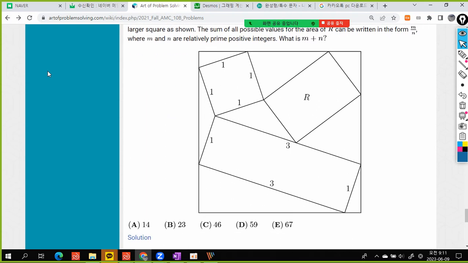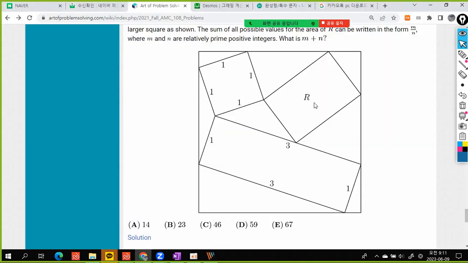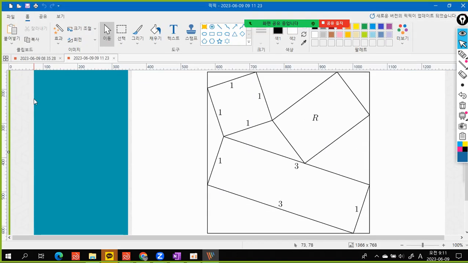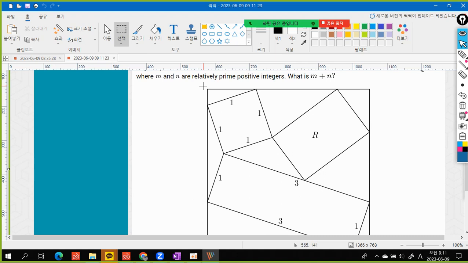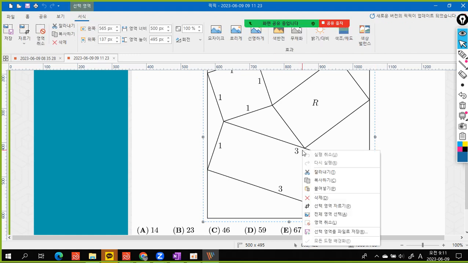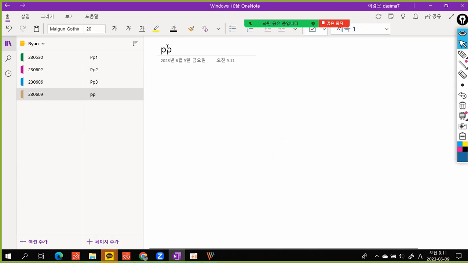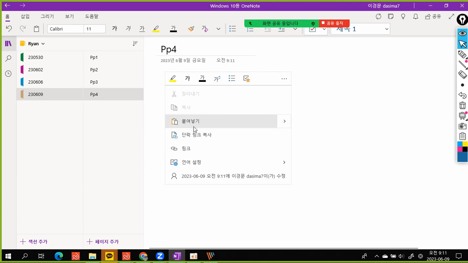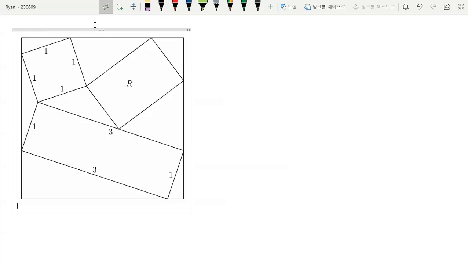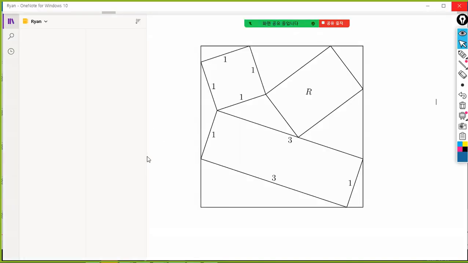For the last problem, let's first look at the problem.